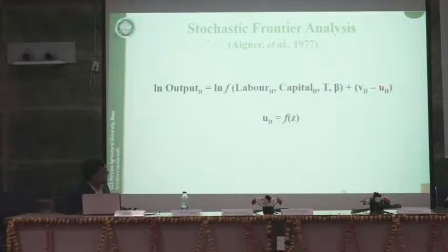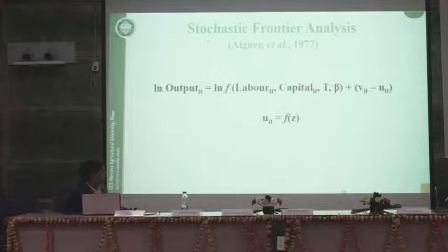This is the inefficiency term, and this term is always greater than or equal to 0. And this term follows some other distribution, as sir said in the lecture. So this is the technical inefficiency term, mu.